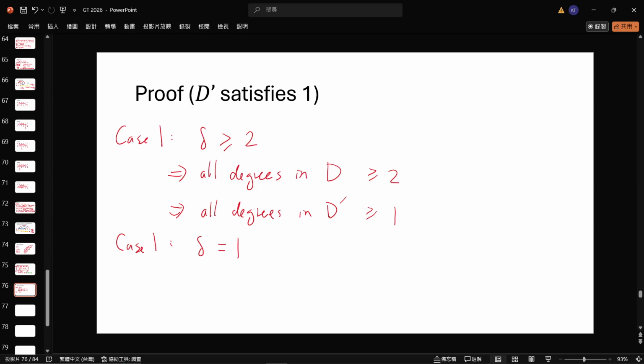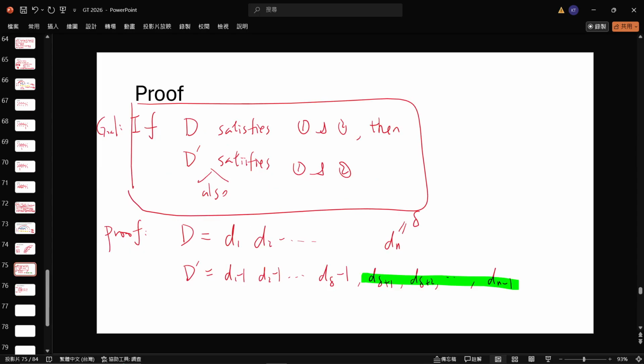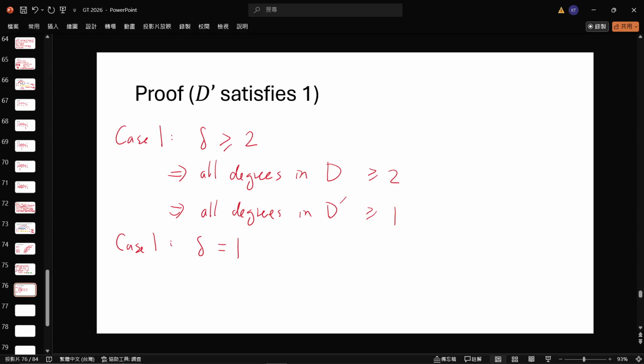So if the smallest degree is 1, is it possible to have degree 0 in D prime? 就最小的如果是1，那有没有可能我做完这个之后，它会出现 degree 0？就前面这几个。So if delta is 1, D prime looks like this. Okay, so this is D prime.